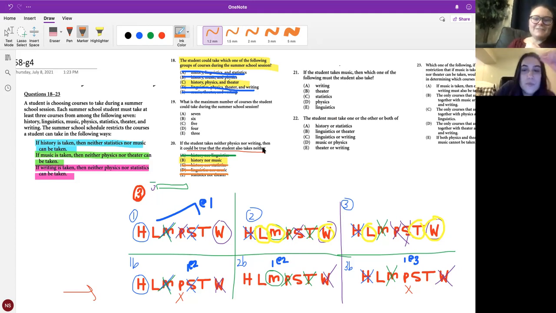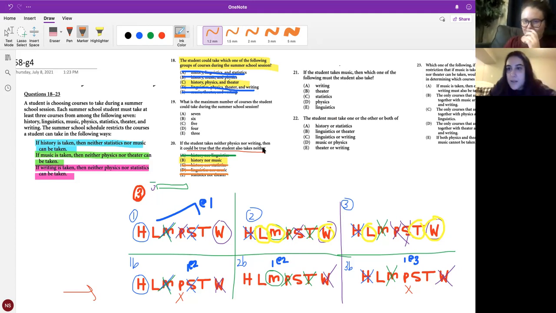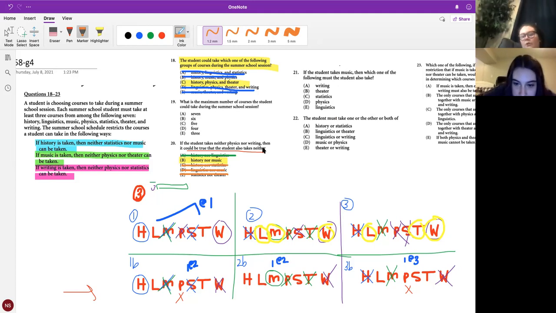Okay, so then I would go on to 21. If the student takes music, which one of the following must the student also take? So if we have music on, world 2, they must. Or what other world?